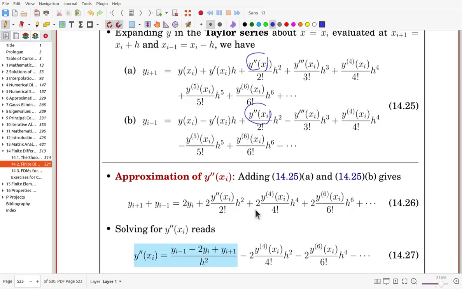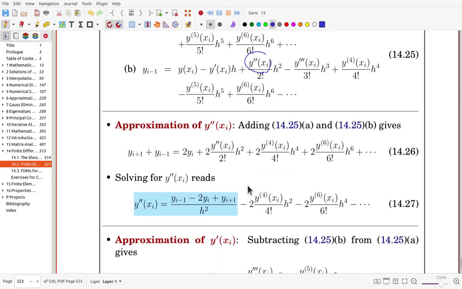So only even order terms will be here, along with 2, like that. Okay, from this one, we can get y double prime. Just solve the equation for y double prime. We move everything except this term to the other side, and this will be cancelled, and divide by h squared. So move everything else to the other side, and divide by h squared. This one will make minus 2y_i here, and divide by h squared.